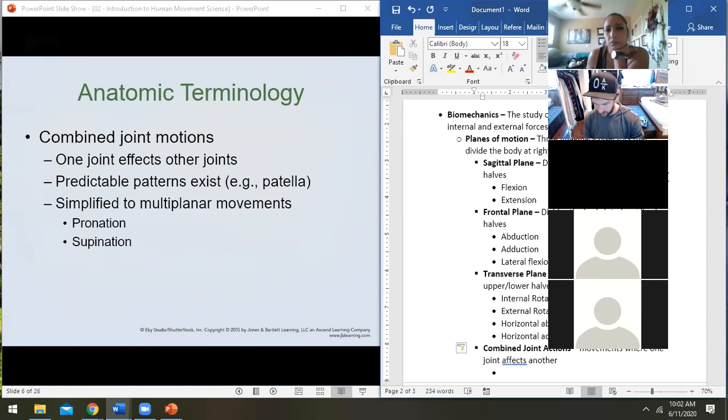Is supination a combination of tibial external rotation, ankle inversion, and dorsiflexion? Close.